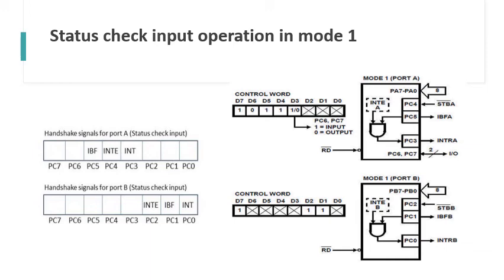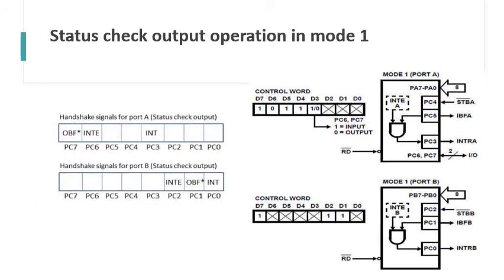Let us discuss the status check output operation in mode 1. It is almost similar to that of the status check input operation, but instead of the IBF signal, there is an active low OBF signal. Handshaking signals are explained here.